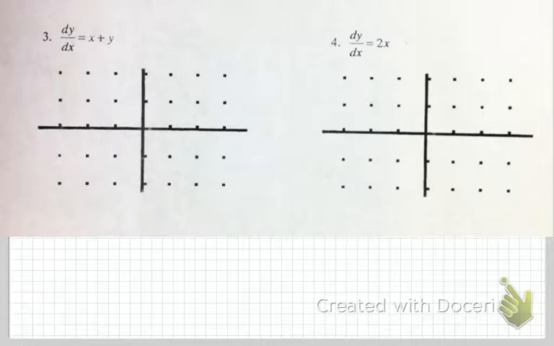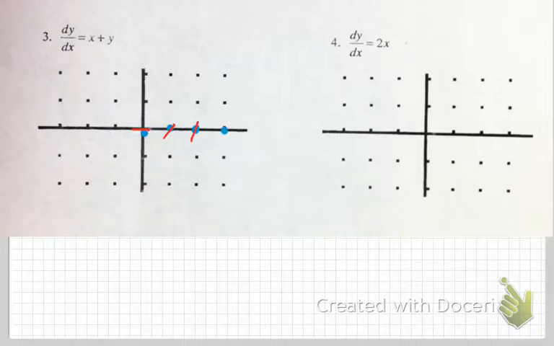Now with x plus y. For this point right here, at the origin, 0, 0, we should have a slope of 0, because 0 plus 0. And then if we go 1 for x and 0 for y, we have 1 plus 0, which is 1. Then for 2 plus 0, we should have a 2.